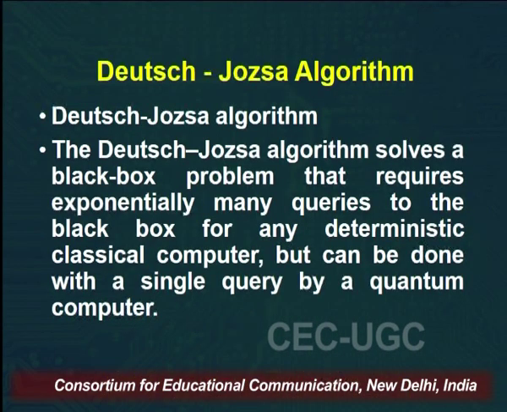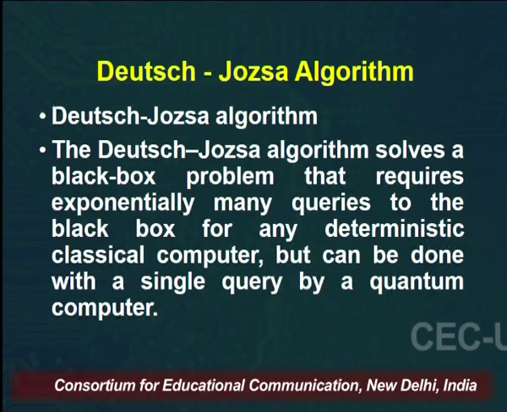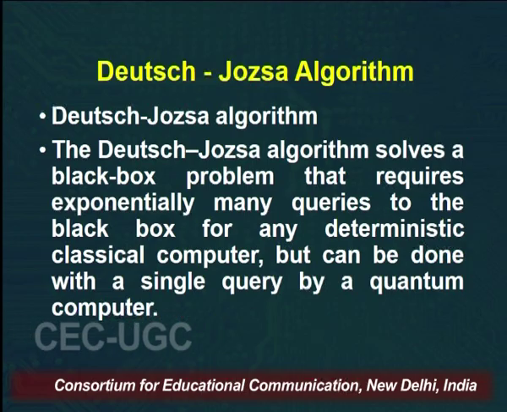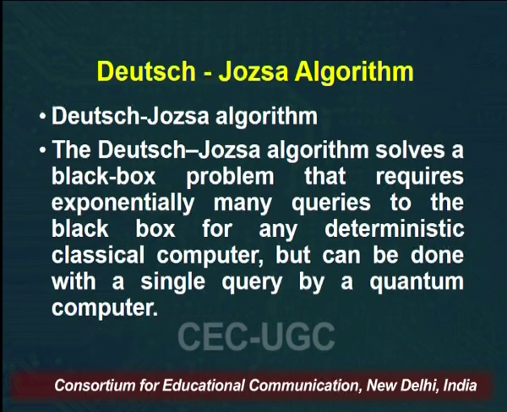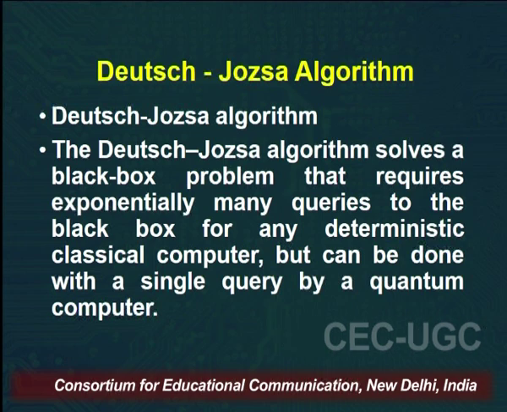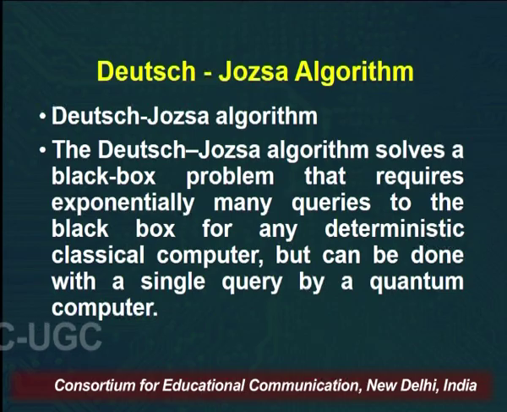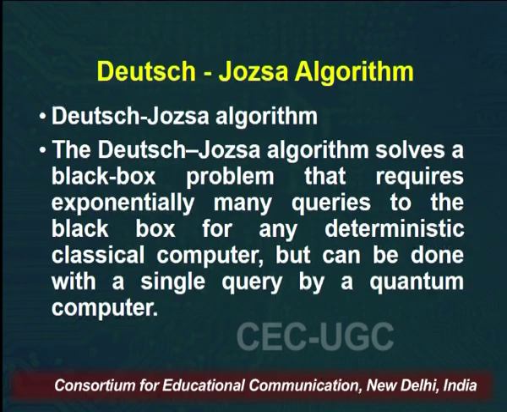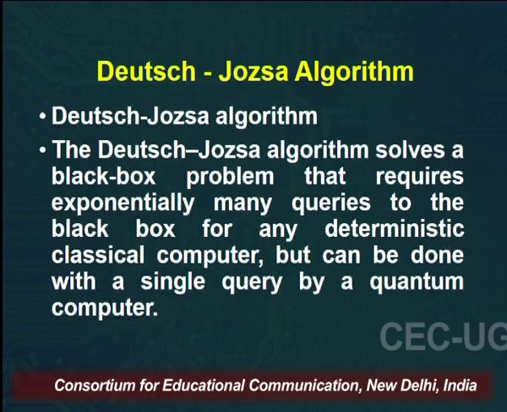Another is the Deutsch-Jozsa algorithm, which is used for a black box problem and requires exponentially many queries to the black box for any deterministic classical computer, but can be done with a single query by a quantum computer.